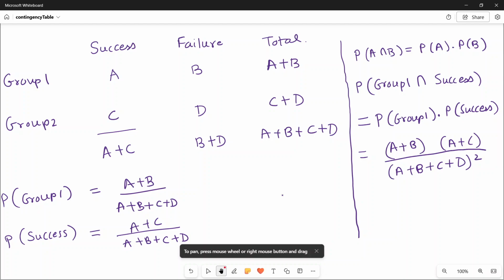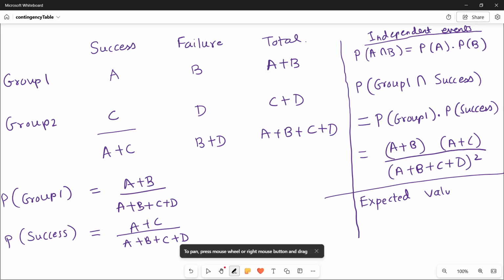So that is the concept of independent events. The next concept is that of expected value.